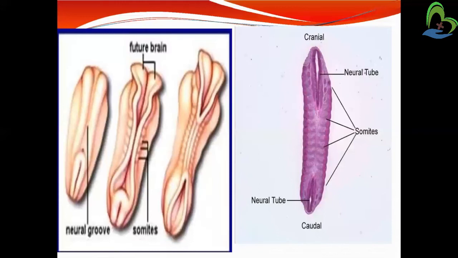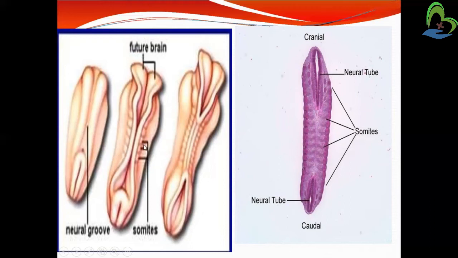In this figure you can see the neural groove, then the somites which form from the embryonic disc. It looks like this, the neural groove, and the future brain develops from the somites.